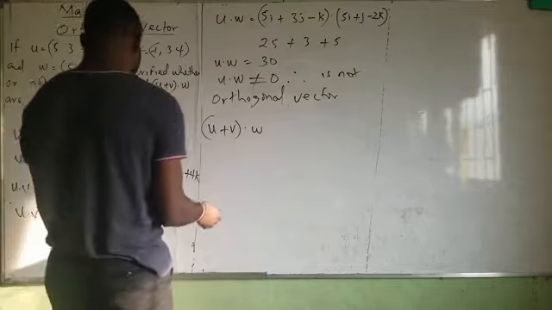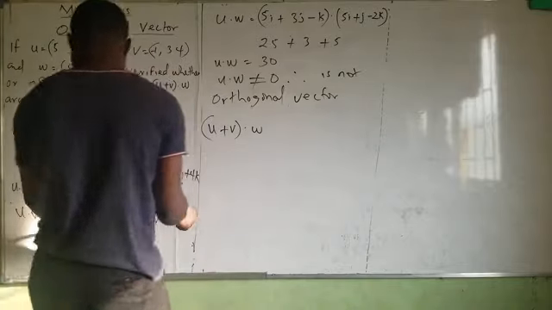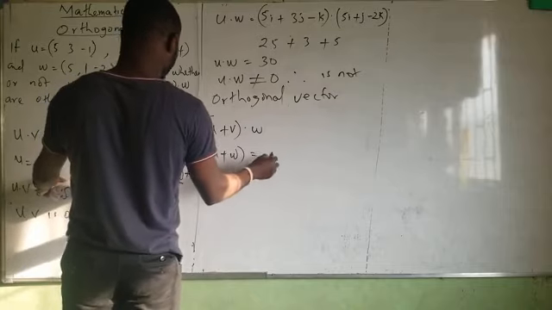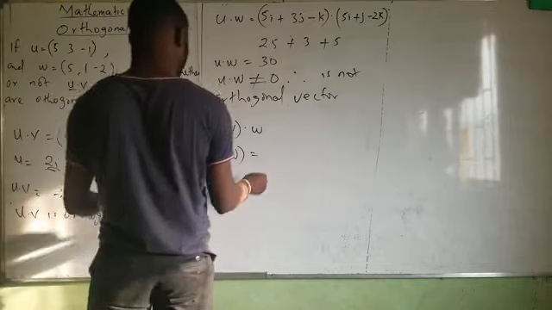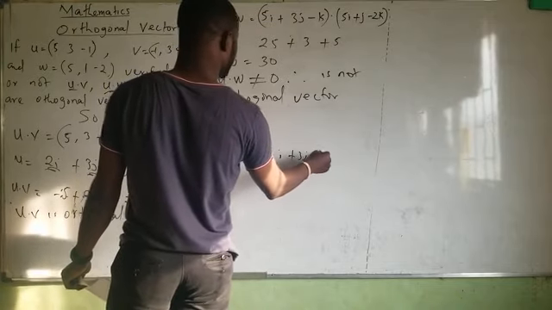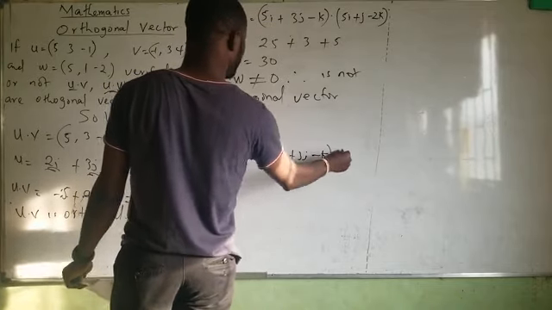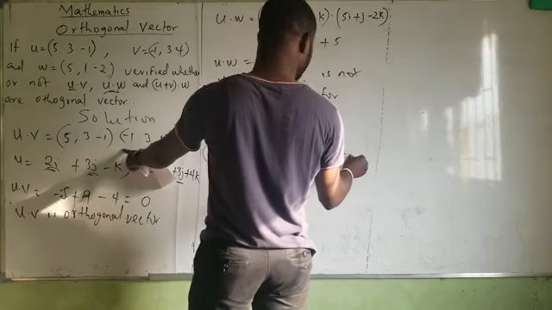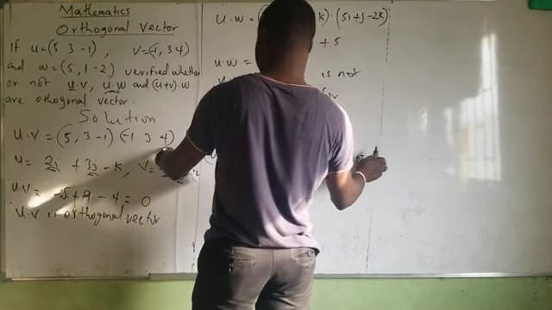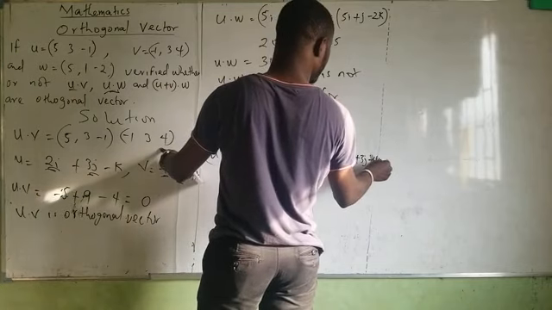Now, how do I get my U plus V? My U plus V will be equal to 5I plus 3J minus K plus minus I plus 3J plus 4K.